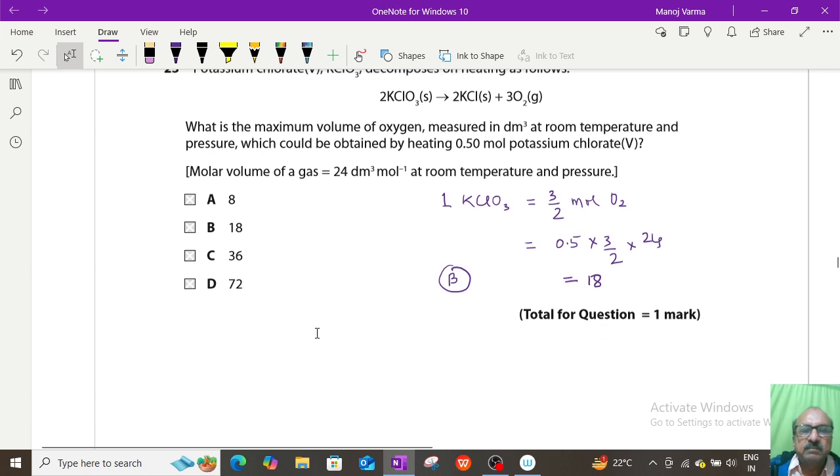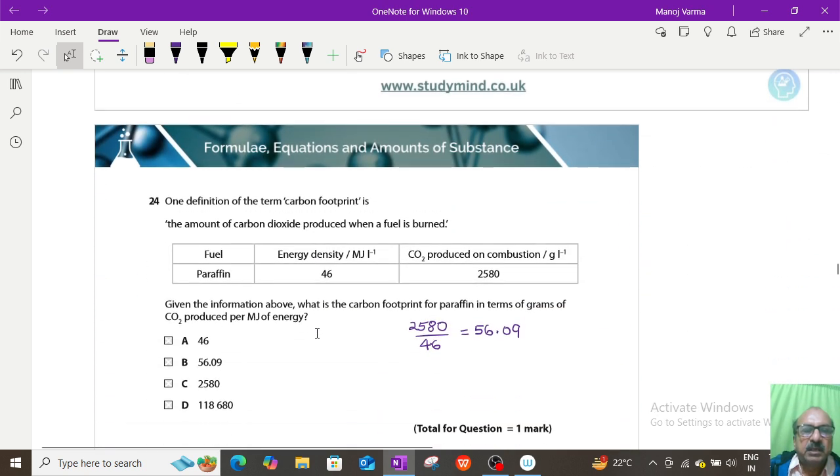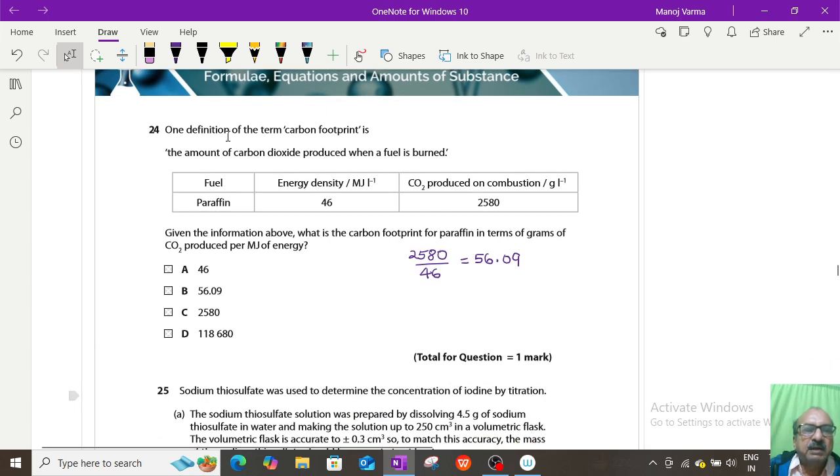Hope you understood. We go to question number 24. One definition of the term carbon footprint is the amount of carbon dioxide produced when a fuel is burned. Paraffin's energy density is 46 megajoules, and the carbon dioxide produced is in grams. What is the carbon footprint in terms of gram per megajoules?